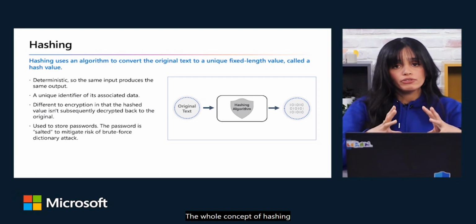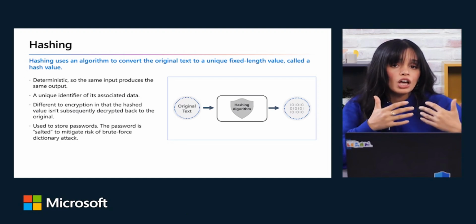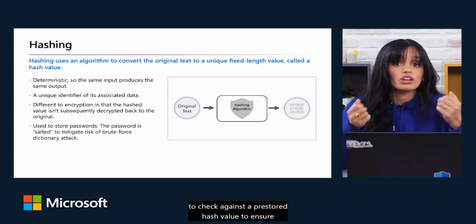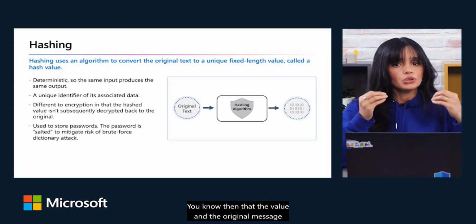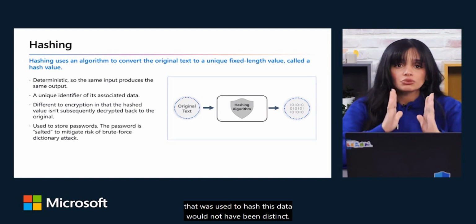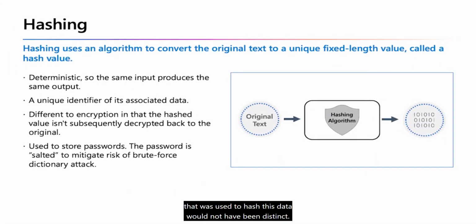The whole concept of hashing is that you should be able to use that hash value to check against a pre-stored hash value to ensure the two values match. You know then that the value and the original message that was used to hash this data would not have been distinct.